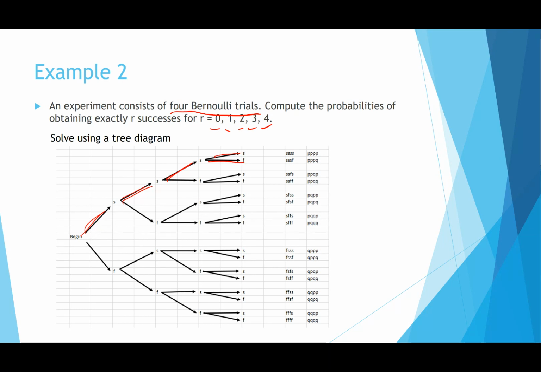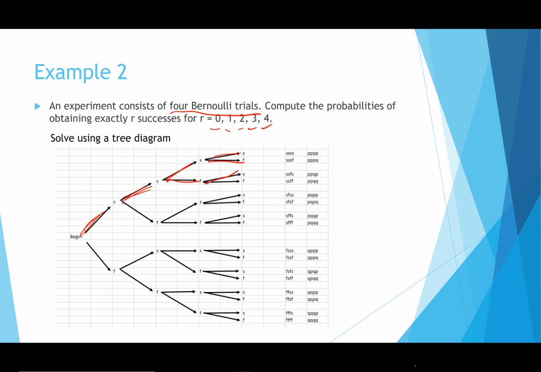Now, the reason I'm using P and Q is because we're going to use P and Q in our formula. So it'll make sense when we get to that. So P will be for successful probabilities, Q will be for failed probabilities. And so I've done that for each of these branches. Success, success, failure, success is P, P, Q, P, right?